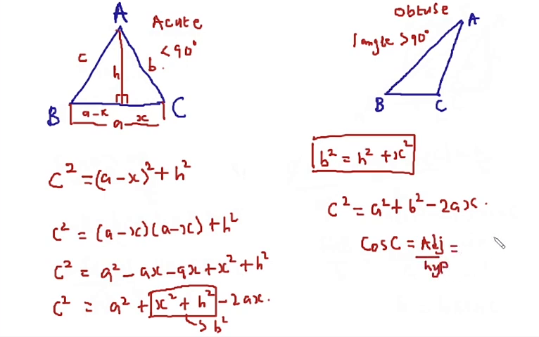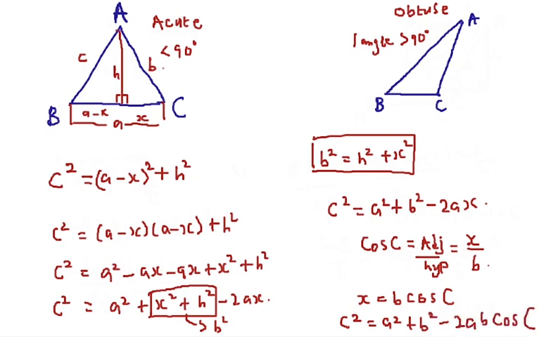If this is the angle, the adjacent is X here and the hypotenuse is B. So this is X over B. So that X becomes equal to B cos C. We can now plug the value of X back into this equation. So it becomes C square is equal to A square plus B square minus 2AB cos C.